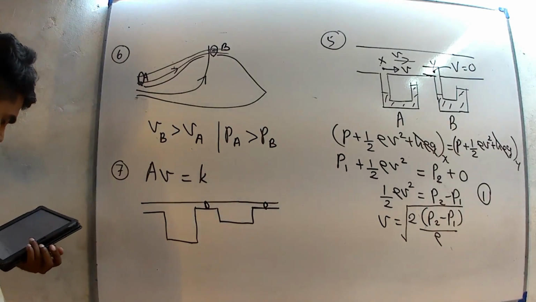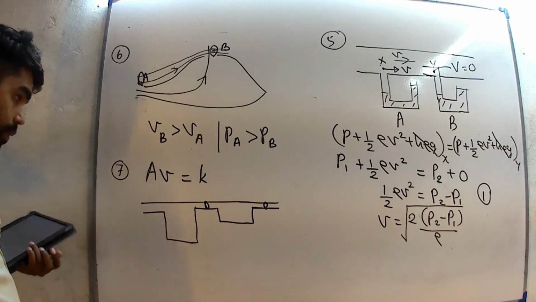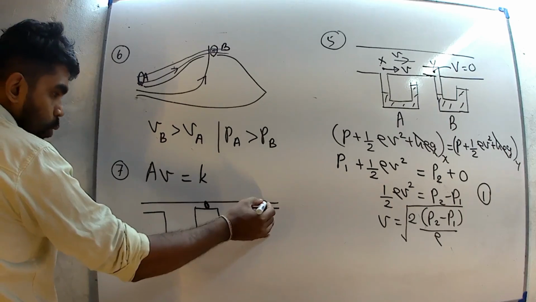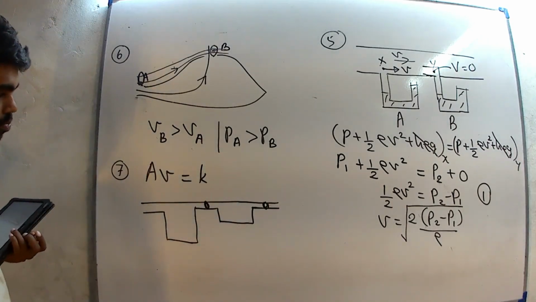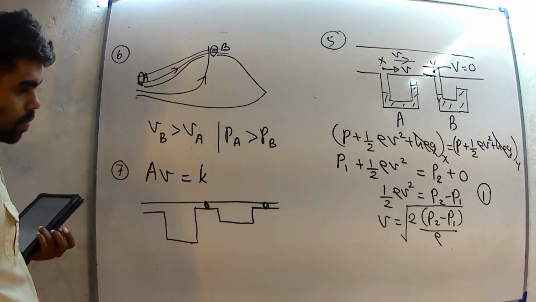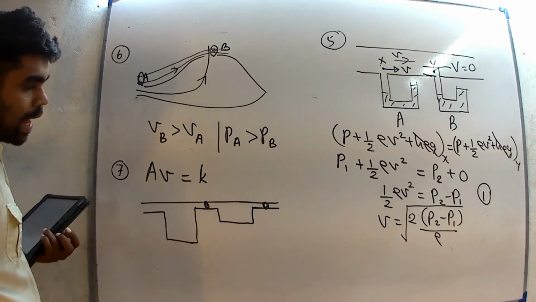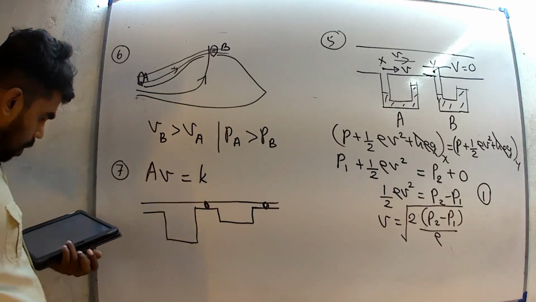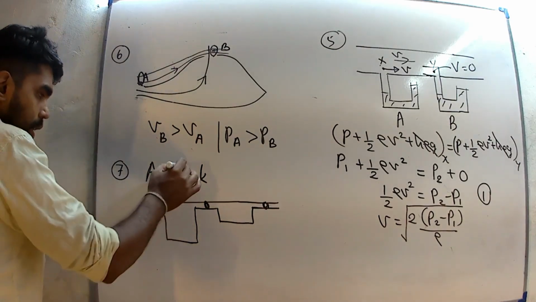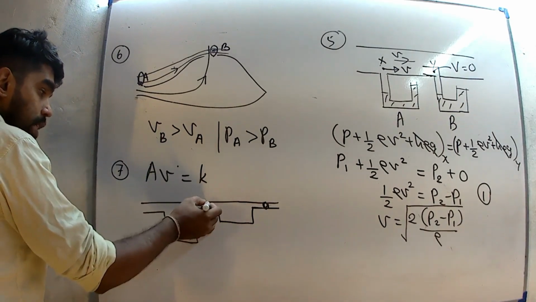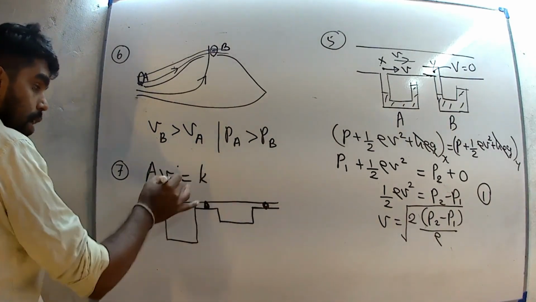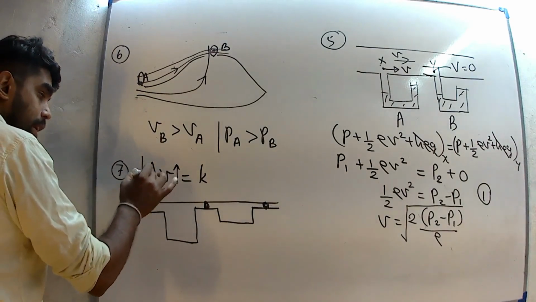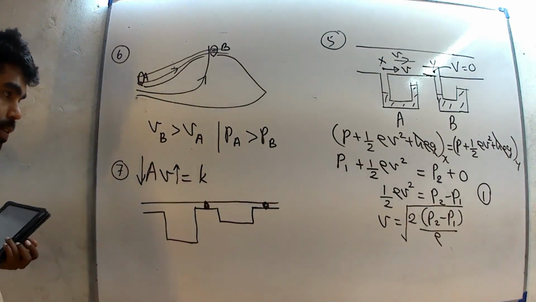Therefore, the velocity for these 2 parts is greater than other parts. When area decreases, velocity should increase.